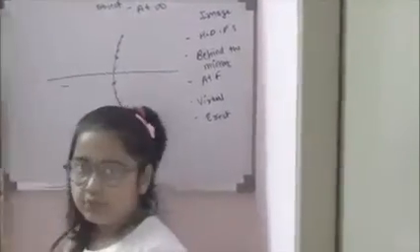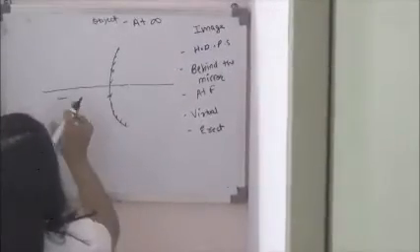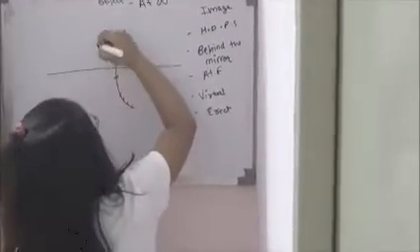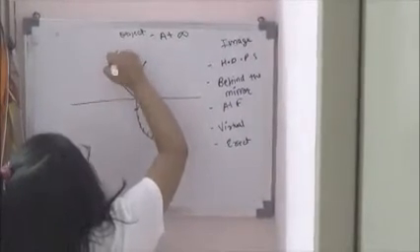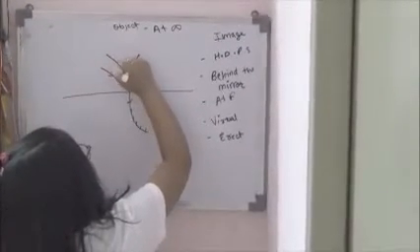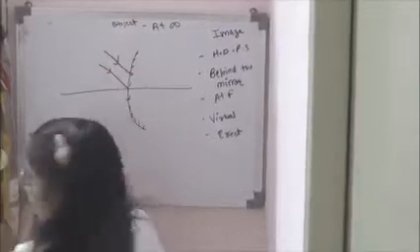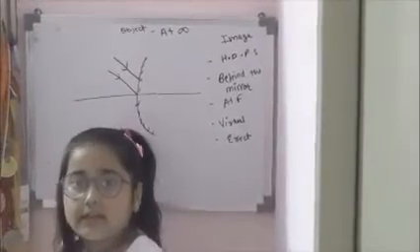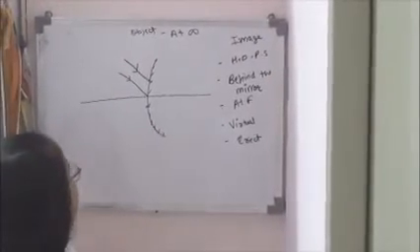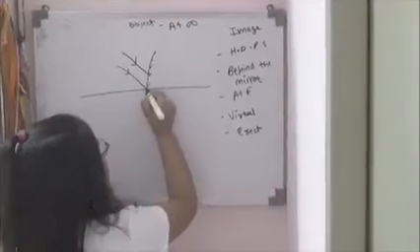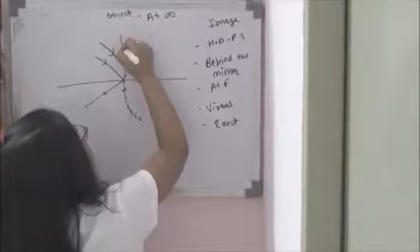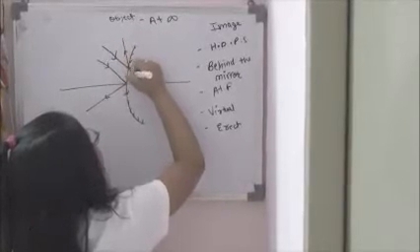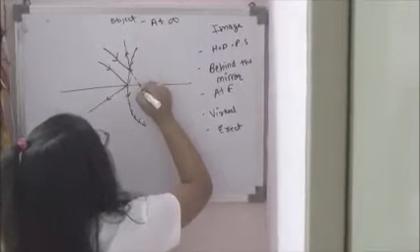So, if two parallel rays of light are taken as the incident rays, then they get reflected in this direction. The reflected ray goes in this direction. This is the principal focus.